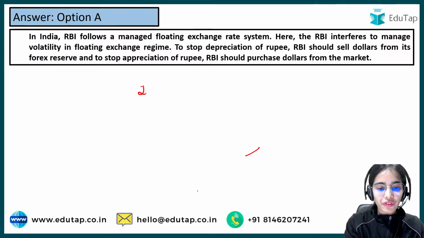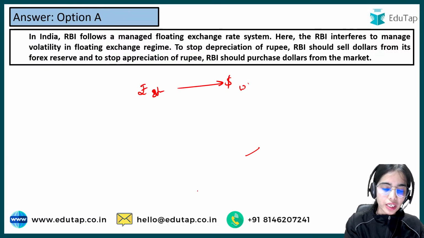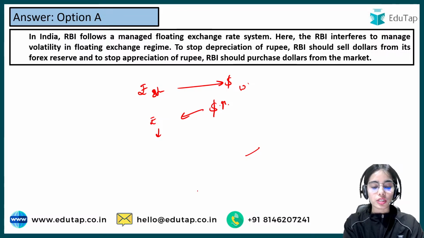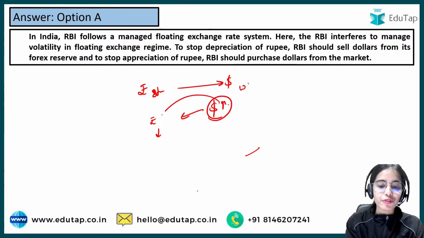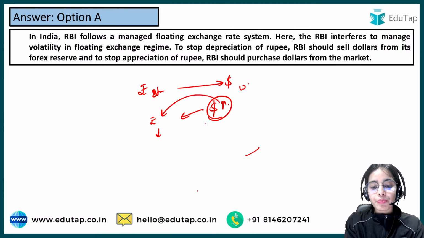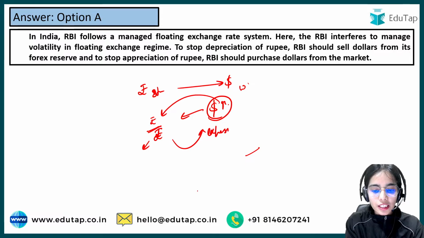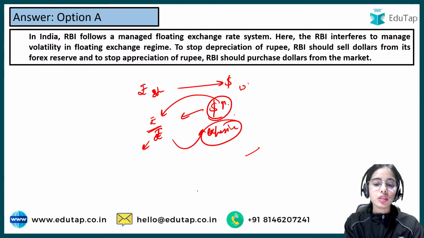So when the rupee is becoming stronger against dollars, that means the dollar is becoming weaker against rupees. More dollars have to be paid for the rupees, or we can say fewer rupees have to be paid for dollars. That means the rupee and the products of our country are becoming expensive for the other countries, for the US citizens.